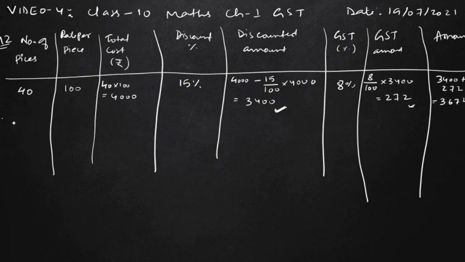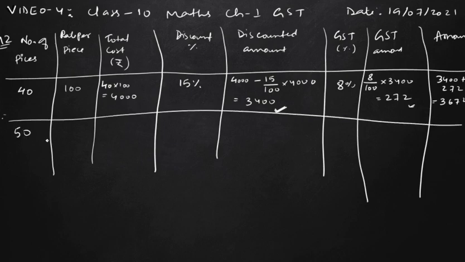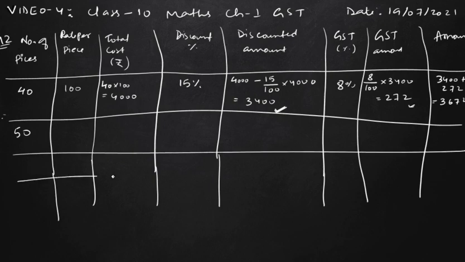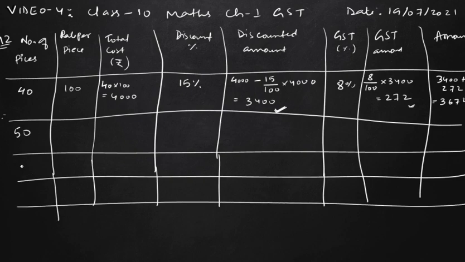Okay, so likewise, calculate for the second item, which consists of 50 quantities, and next we have 150 pieces and 160 pieces. Calculate the same way I have done.